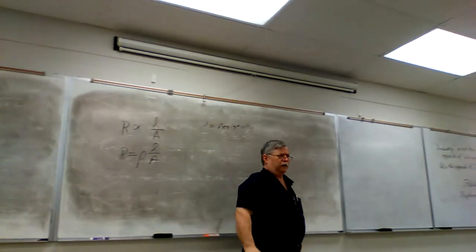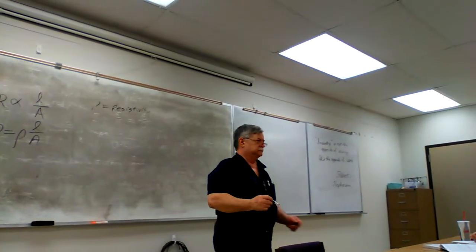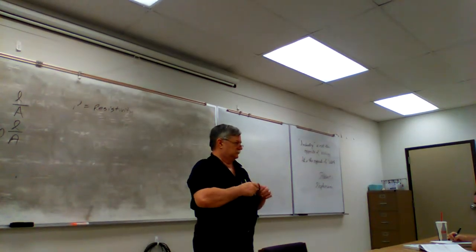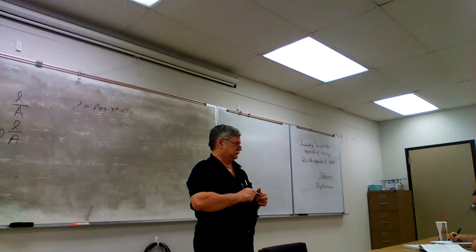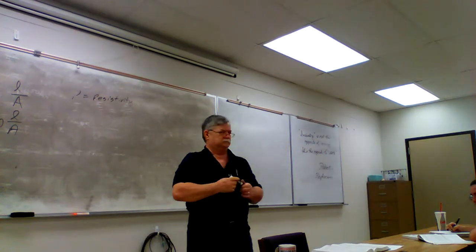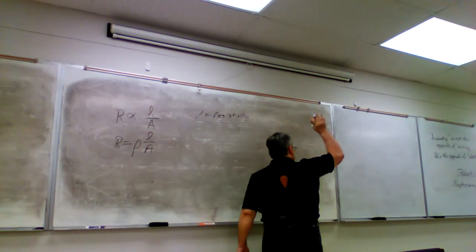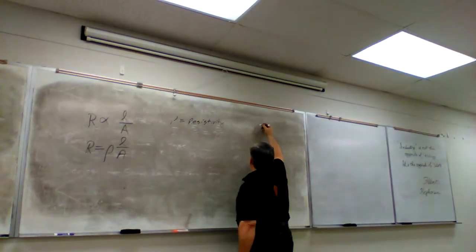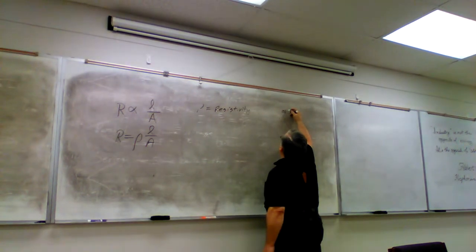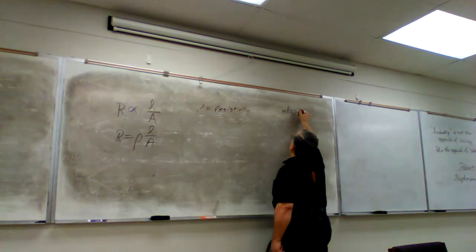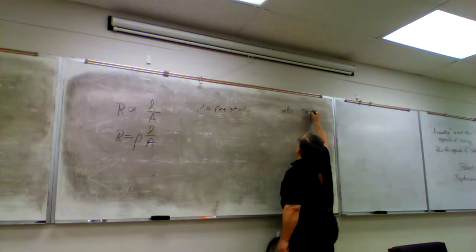Who here can tell me what a mho is? And it's spelled M-H-O. This is not part of the text, but just for your own edification, mho is the unit of conductivity.